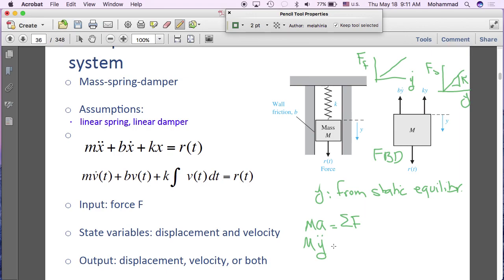So m y double dot is equal to what? What forces are applied that we need to add up? We have R(t). So let me write it down. What else do we have? We have ky, and the damper force, which is b y dot.